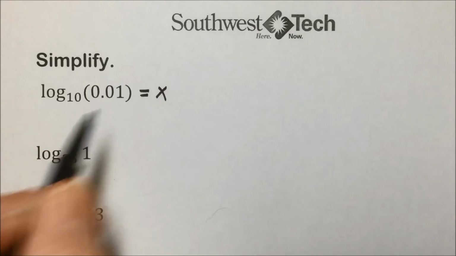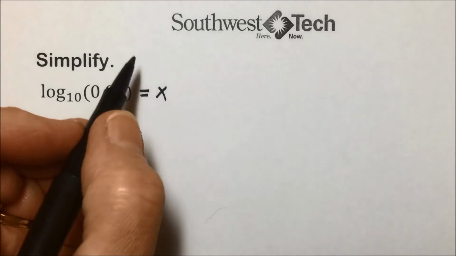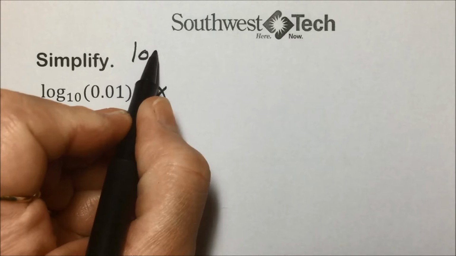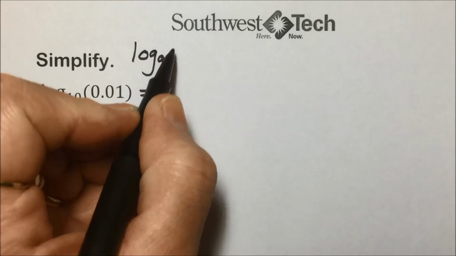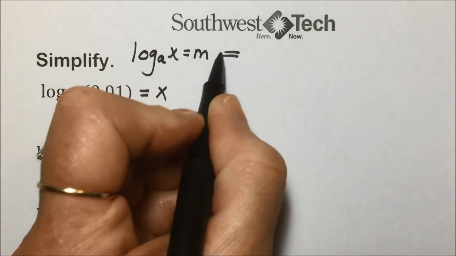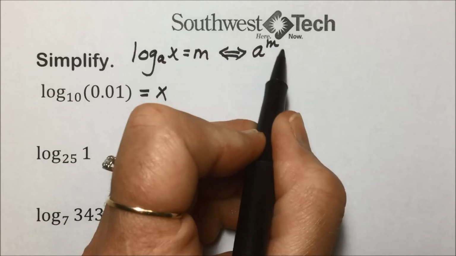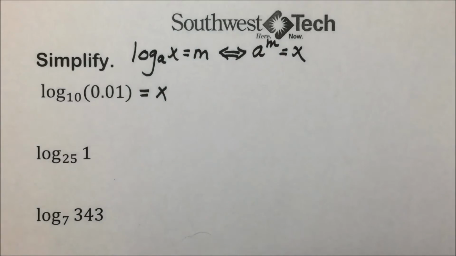So we're going to set this equal to an unknown value, and we're going to translate from the logarithmic form into the equivalent exponential form that we wrote down just a minute ago, which was if you have log base a of x is equal to m, it's equivalent to a to the m is equal to x.